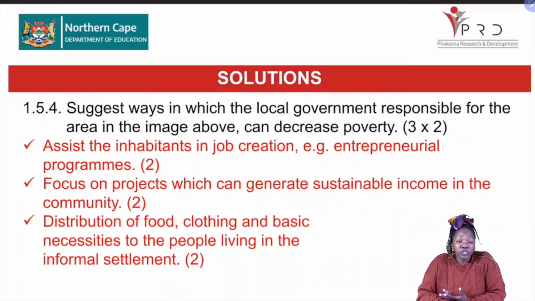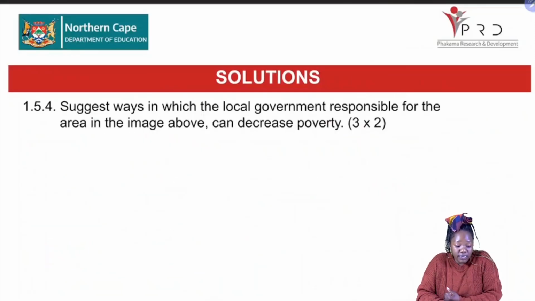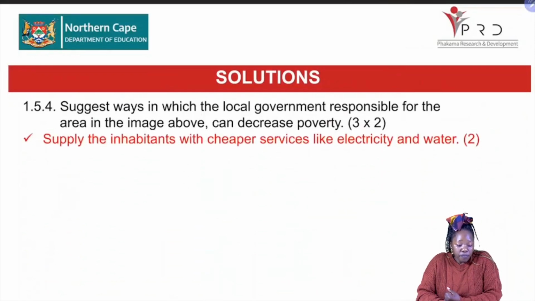Also, the distribution of food as well as food parcels to those people who are in the informal settlement. Remember, these are some of the ways that the government or the municipality in that area can reduce the poverty. Then also, we're looking at supplying cheaper services like electricity, which is expensive, as well as water.